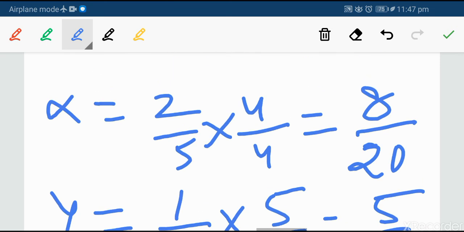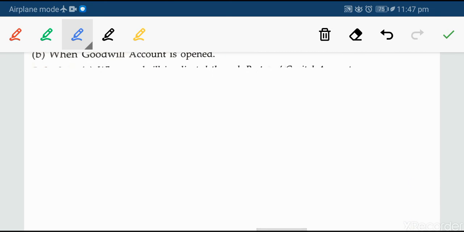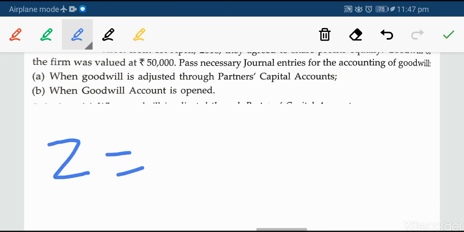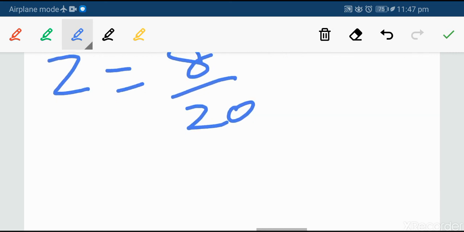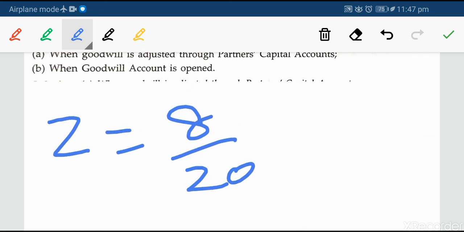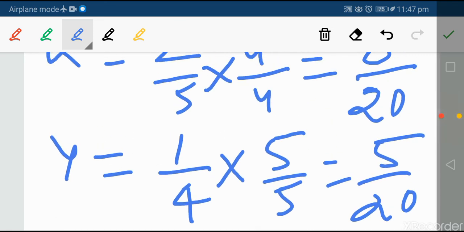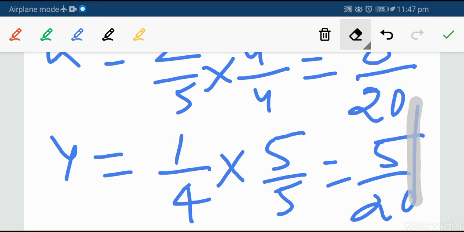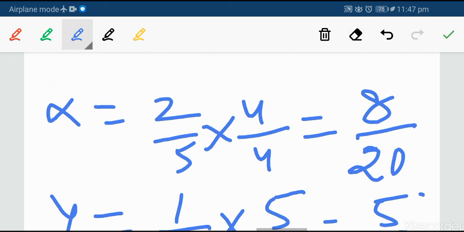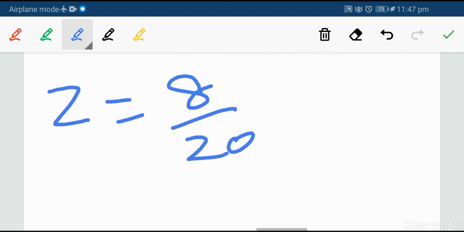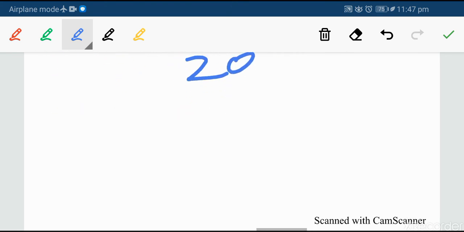The denominators are now the same, and for Z we have already got 7 upon 20.